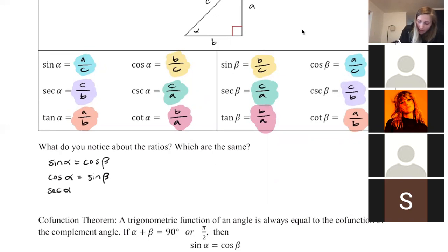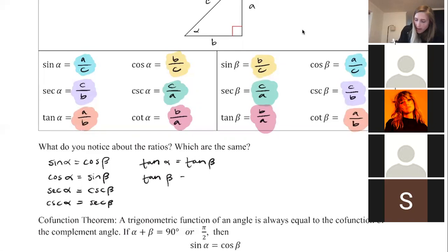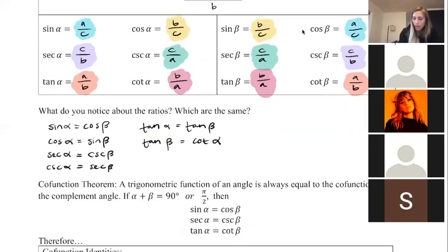Secant of alpha is equal to cosecant of beta. Cosecant of alpha is equal to secant of beta. Tangent of alpha is equal to tangent of beta. And tangent of beta is equal to cotangent of alpha.